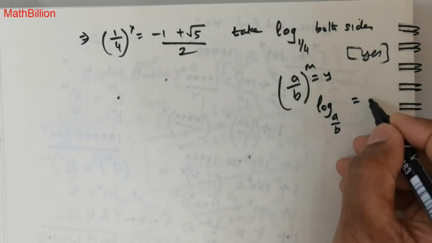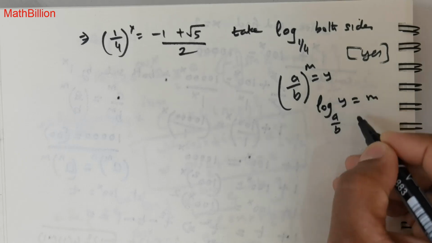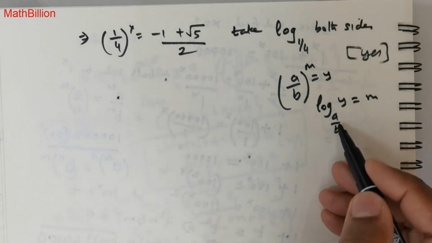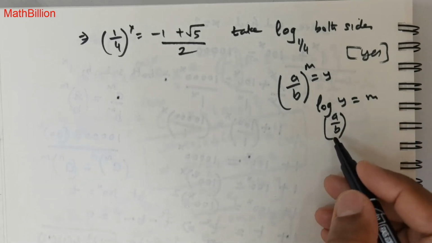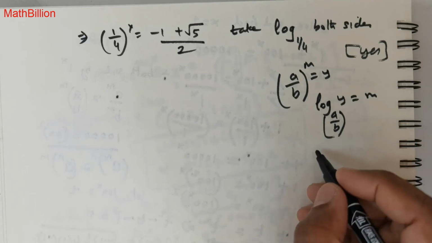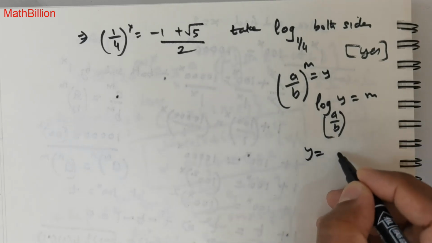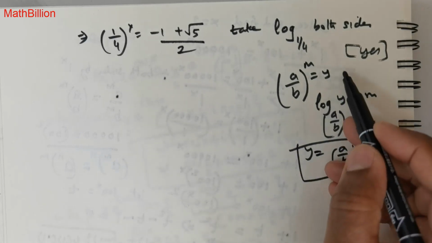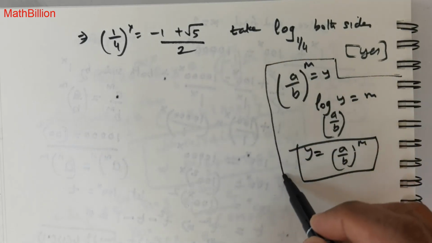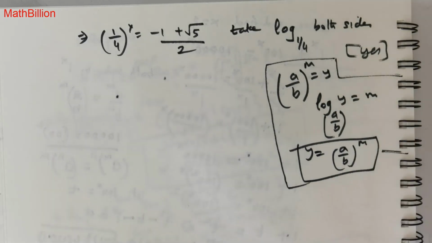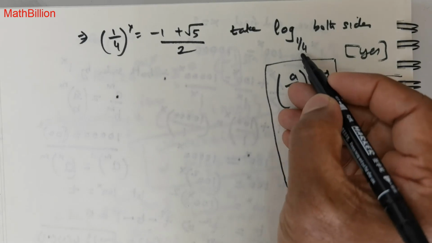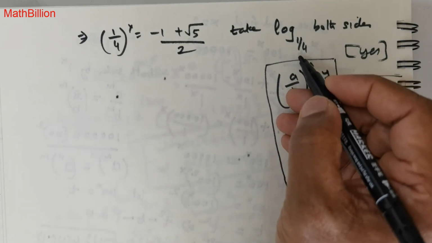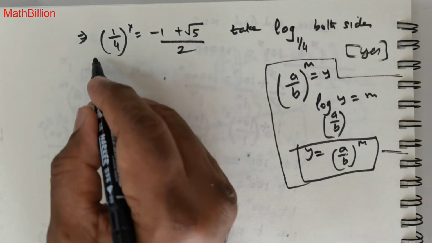Log y to the base a over b is equal to m. So if you had to rewrite this, y is equal to a over b raised to the power of m, right? So that is the important concept I would like to show you all, that logarithmic quantities can indeed have a fractional base. Now why am I insisting on this? Because this is going to come in handy.